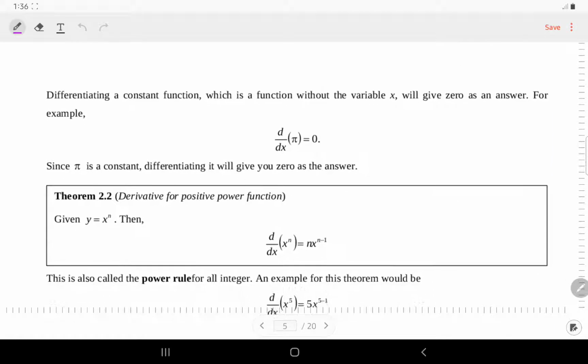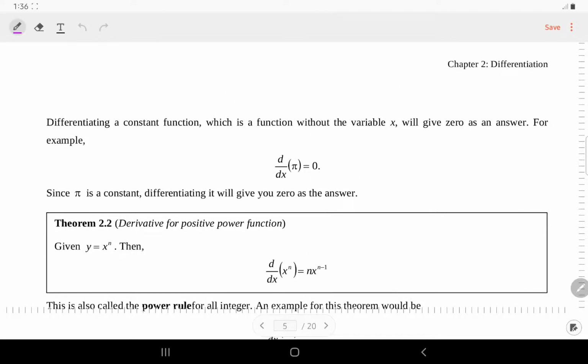Okay, and then second theorem. Okay, before second theorem kita tengok yang ni. Okay, differentiating a constant function, which is a function without the variable. Okay, as I mentioned before, constant function is the function without the variable, tak ada x. Okay, contohnya function dia f of x equal to 3, f of x equal to negative 5, f of x equal to 7.